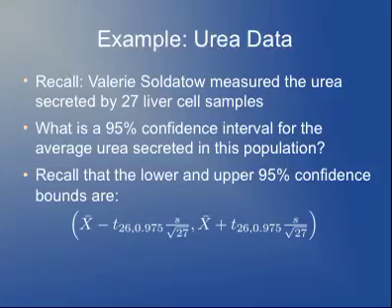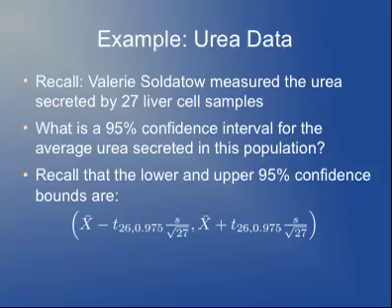So, to give a real-world bench science example of when you might want to use this procedure, this was a data set that was given to me by a student named Valerie Soldato who was in this class a couple years ago, and she was measuring urea secreted by 27 liver cell samples. As an aside, if anyone else has data that they would let me use for examples in this class, get in touch with me, because I try to make the examples in this class as relevant as possible, but finding good examples is surprisingly hard to do.